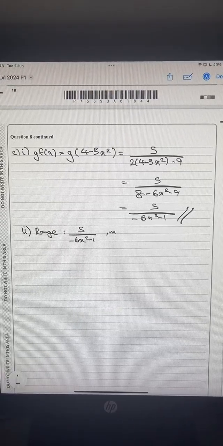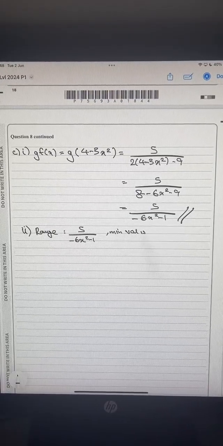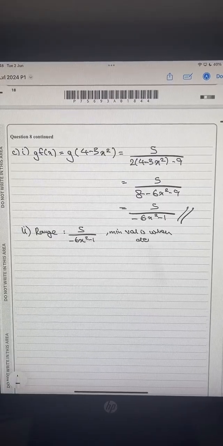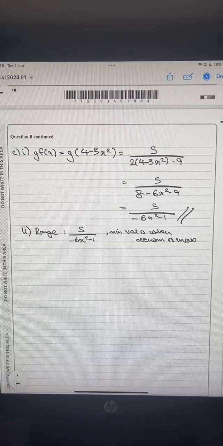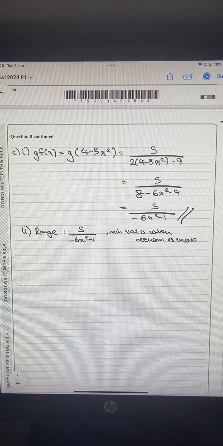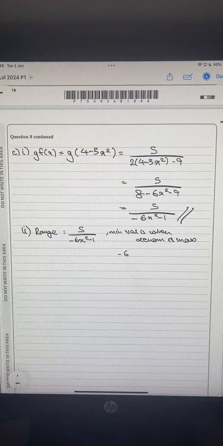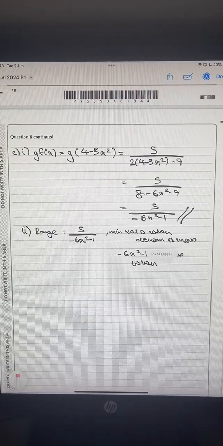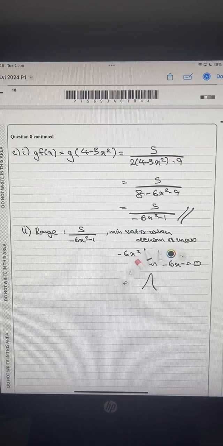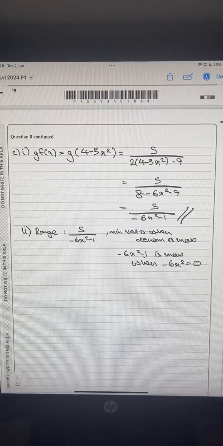We know that the minimum value is when the denominator is at its maximum, right? Because to find the smallest possible value this could be, you make the bottom number very, very big. So we know that minus 6x squared minus 1 is max when minus 6x squared is equal to 0, because that's the biggest it can be, because it's a negative quadratic. So this is minus 1.